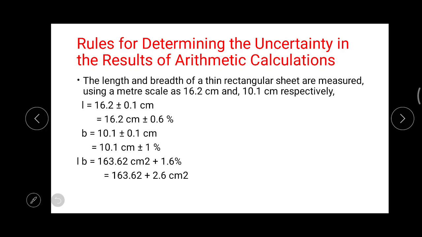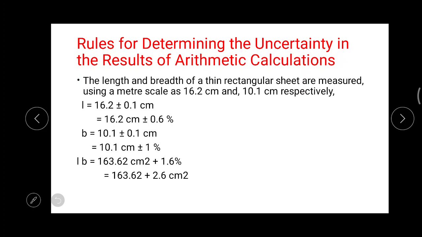The zero error is also there, so you can find out that zero error if it is not given to us. As well in the vernier caliper, it will be 0.01 centimeter, the error, that is actually the least count. Whenever you are not given the absolute error value, then you have to consider the least count value as the error value.